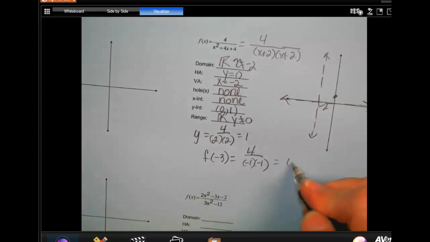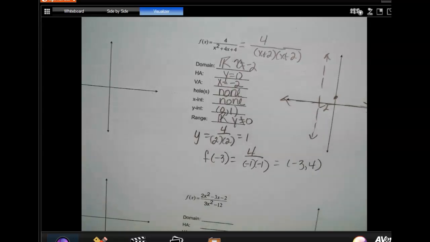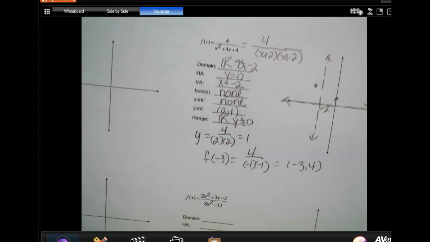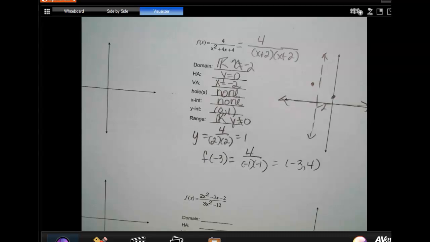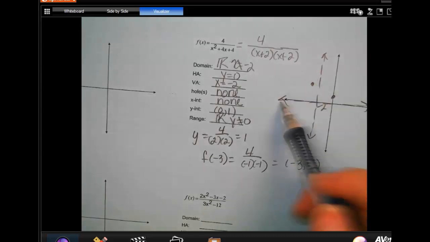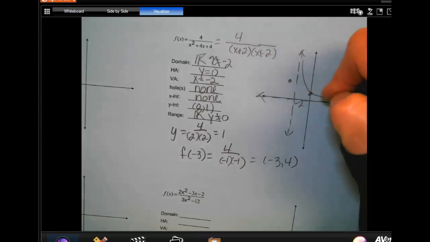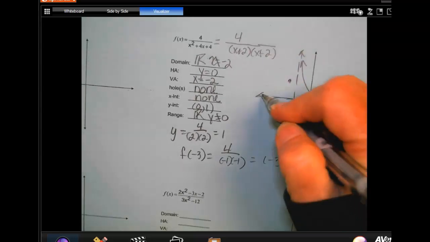So I'm going to get -3, 4. So -3, 4 is up here, and what that tells me is that the branch is here and here. So we get this and this.